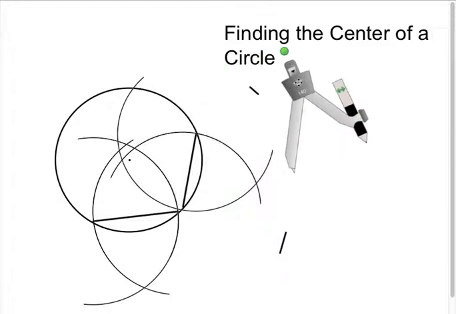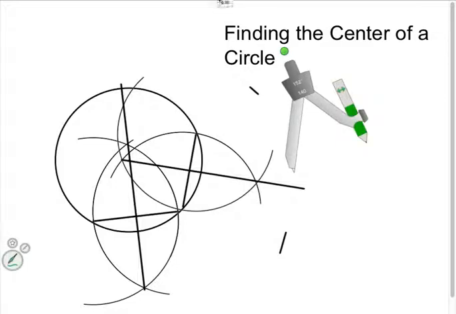And when I connect my lines, I'm going to see that they do pass through approximately the center of my circle. If I was doing this on paper where it's a little easier to be accurate, they would pass exactly through the center, which they actually kind of did. That's how you find the exact center of a circle.